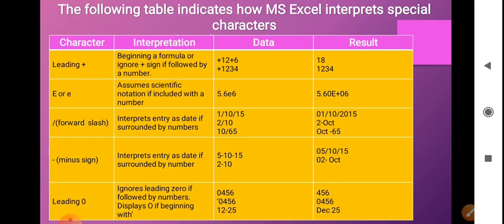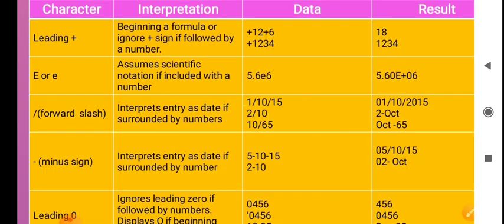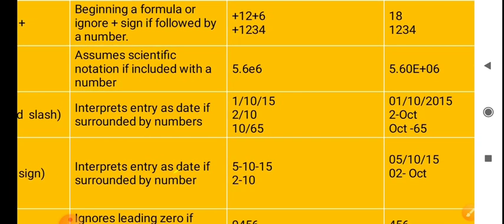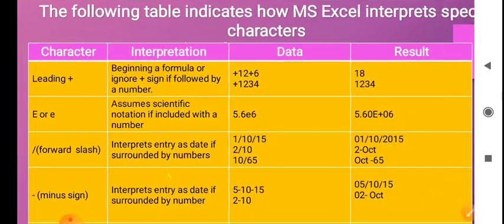Now I'll explain that to you one by one. Character: leading plus. The interpretation is beginning a formula, or ignoring the plus sign if followed by a number. In the data, plus 12 plus 6, the result is 18.